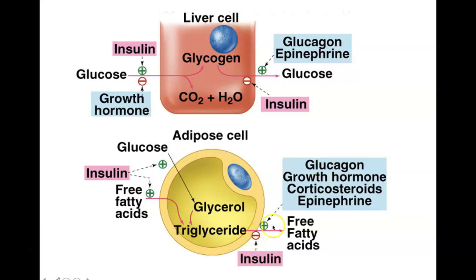Glucagon is going to do the opposite, right? Glucagon, growth hormone, corticosteroids, epinephrine, these are all hormones that can promote breakdown of fat so that you have more free fatty acids in your blood. On the glucose side of things, glucagon and epinephrine promote breakdown of glycogen into glucose. So we have hormones that are controlling the storage of glucose and free fatty acids, and then hormones that are controlling the breakdown of glycogen or glycerol into glucose and free fatty acids.